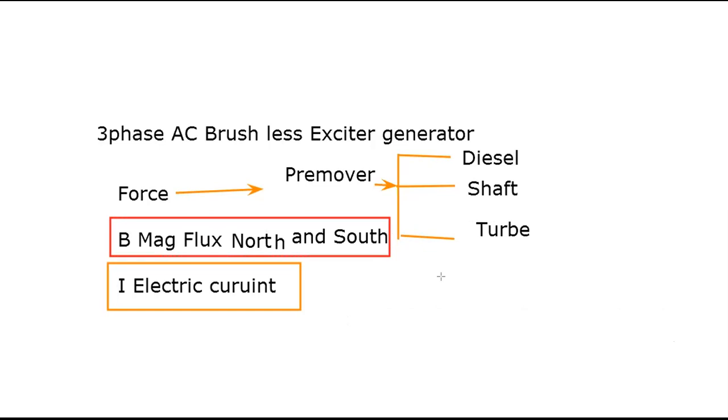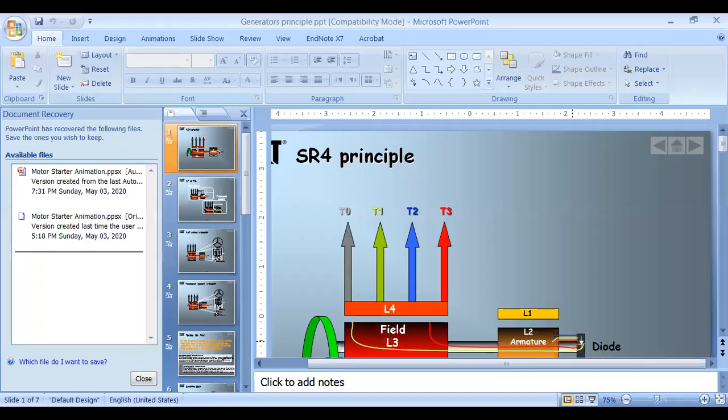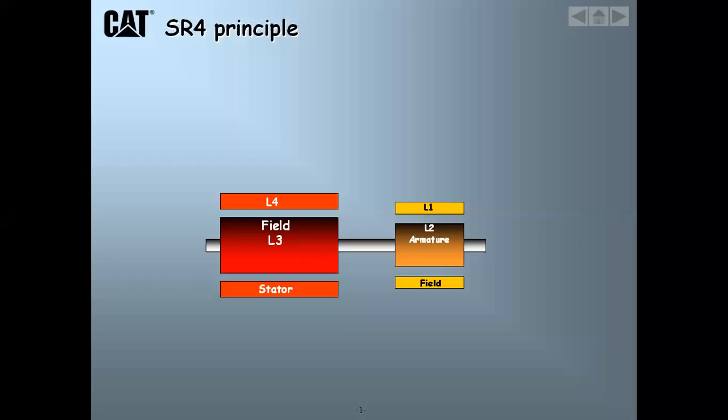Let's see the parts of the generator now. In the brushless exciter generator, we have two generators.